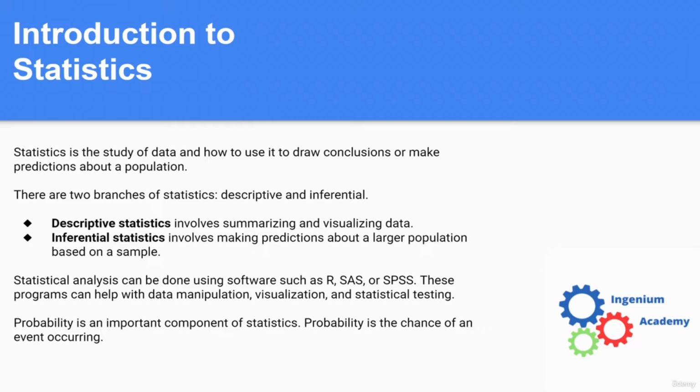A lot of the statistical methods that we use rest on probability theory, assuming independence, random samples, and those sorts of things. And we'll get into that. We won't talk about it now, but I wanted to frame our brains as to what statistics is, why we use it, what are the two branches, what are some softwares out there that we can use, and then also talk about how probability is actually involved in statistics.